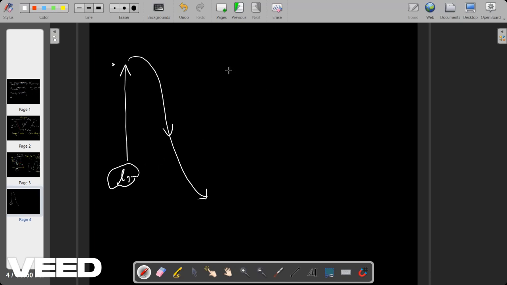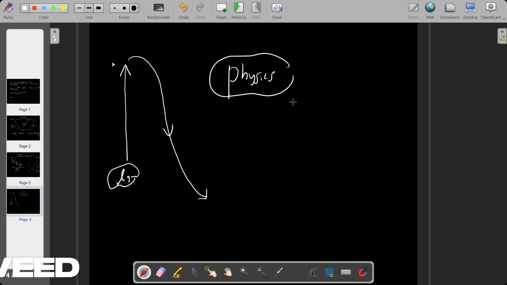We call that physics. We can't bend physics, right? That is how our universe is created. Maybe in another universe, physics functions in a different way. But in our universe, this is how physics works. We really don't know why it exists or who created it, but still we know it's there. There's a pattern, there's a law. That is called physics.